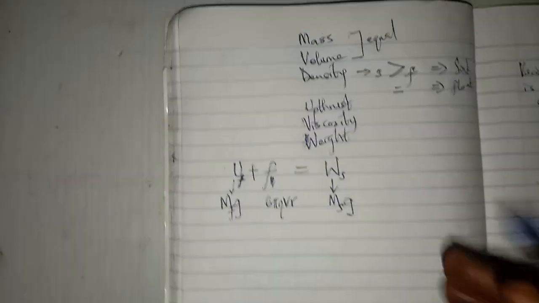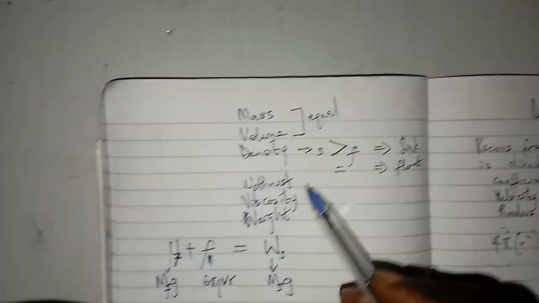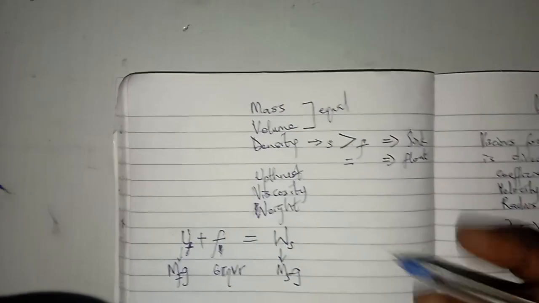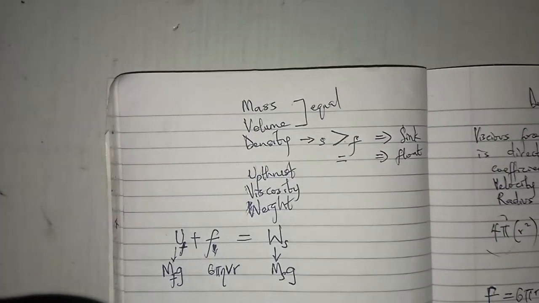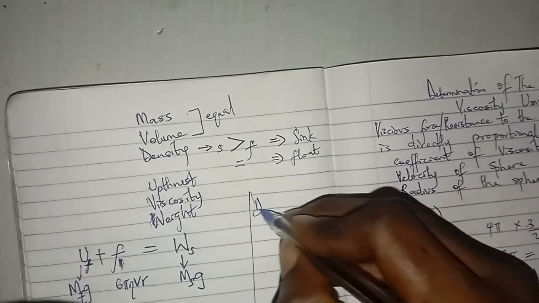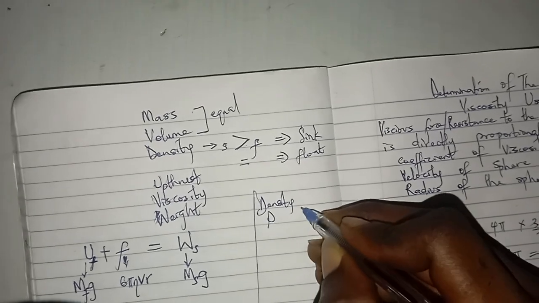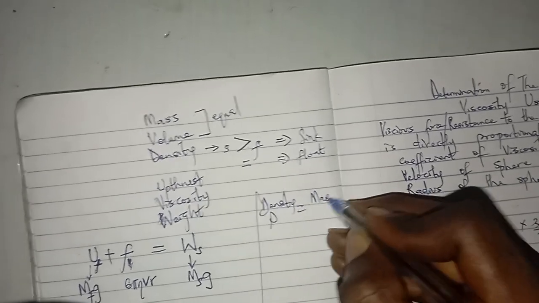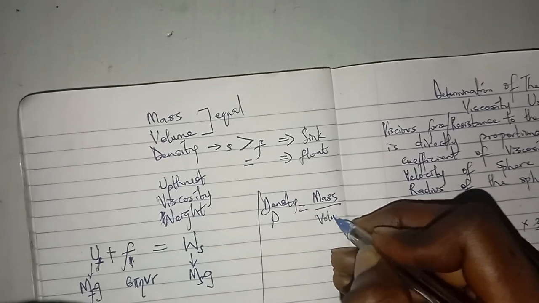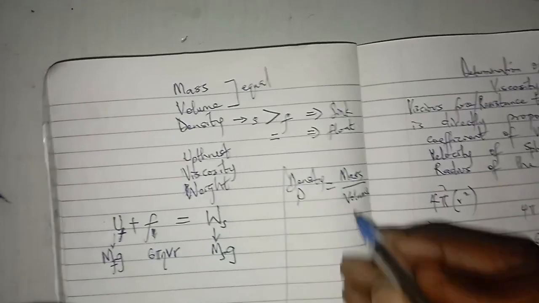So if I know this, I will now remember that when I'm treating fluid, look at the forces there and the things to take note of. I remember that density is represented with rho and is equal to mass over volume. Since I know the masses are equal, I already know the volume.